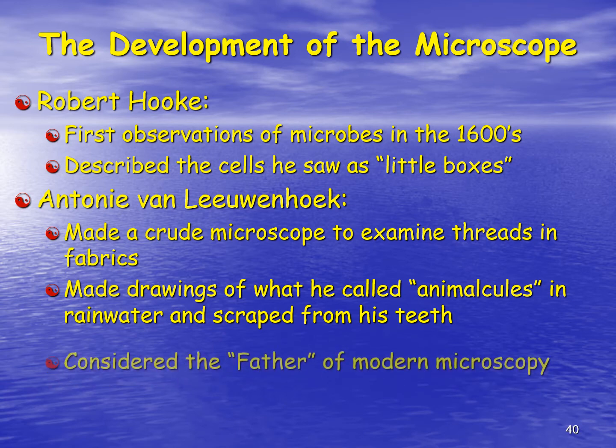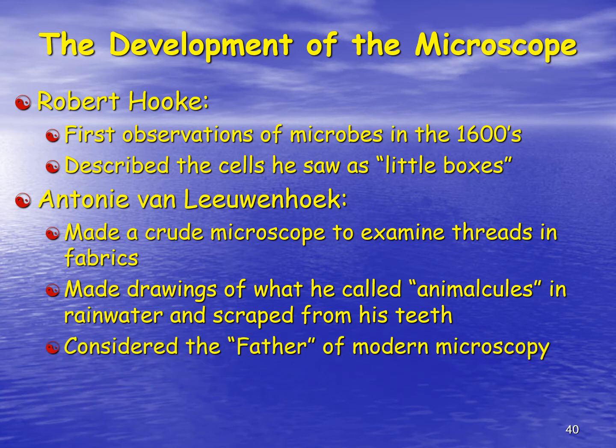Anton von Leeuwenhoek is considered the father of modern microscopy, simply because even though his microscope had a single lens, he was the first that had a stage that was able to focus up and down on a particular entity.